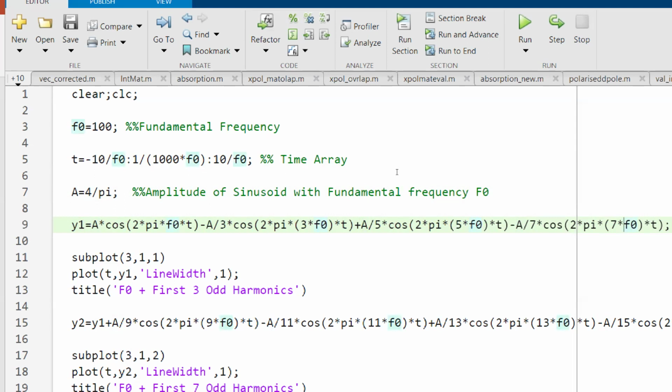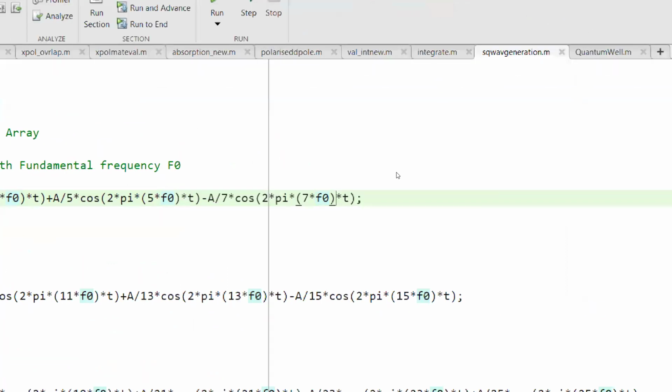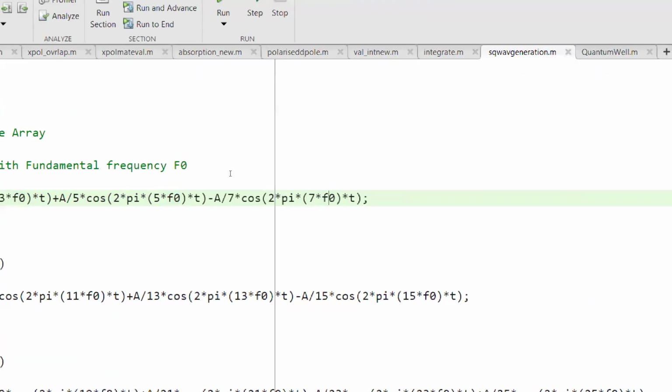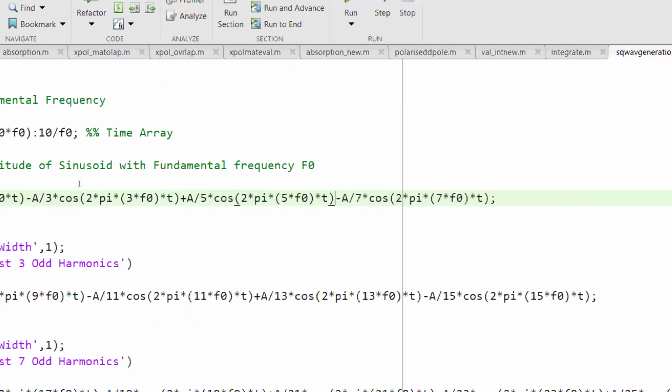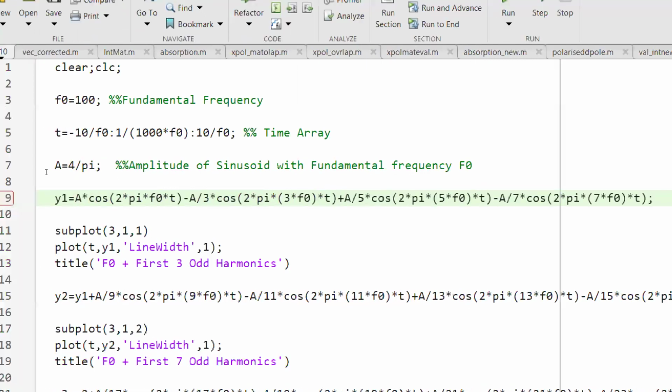So up to this, I have written this code. In y1, I have considered the fundamental frequency and the first three harmonic terms.